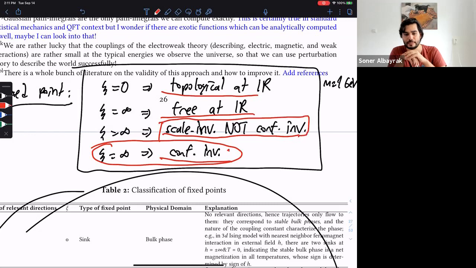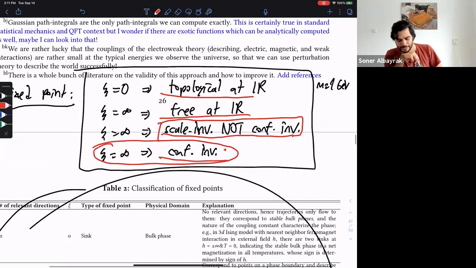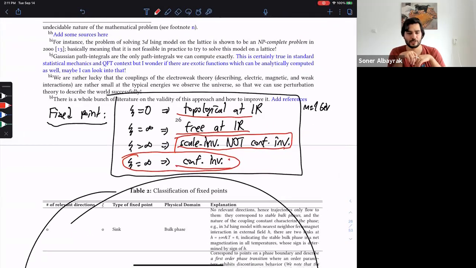But there are really nice reasons why we don't expect that much. So most of the time, if we have a fixed point and it is not free, if Xi is infinite, it's probably conformally invariant. In these lectures, I will take it as an assumption. I will motivate it, but take it as an assumption. Any questions?